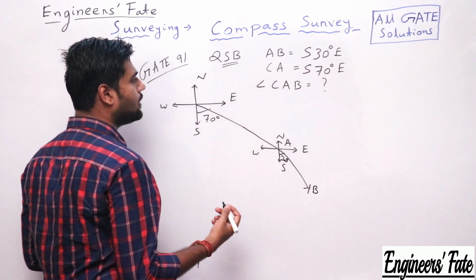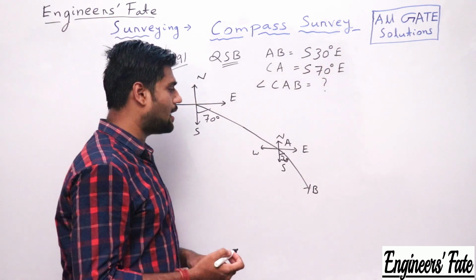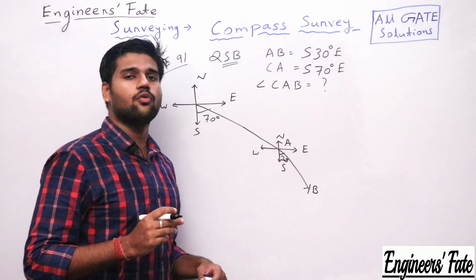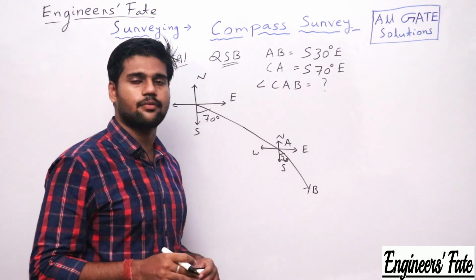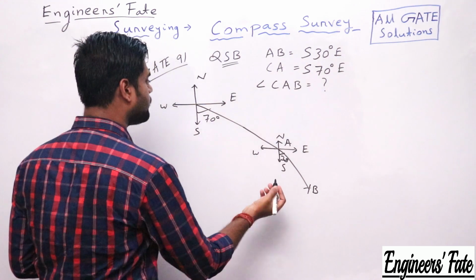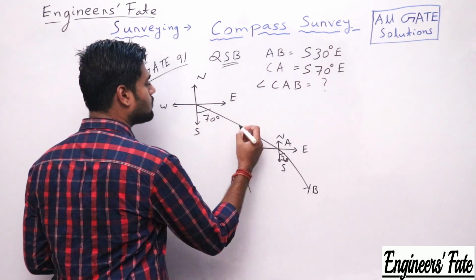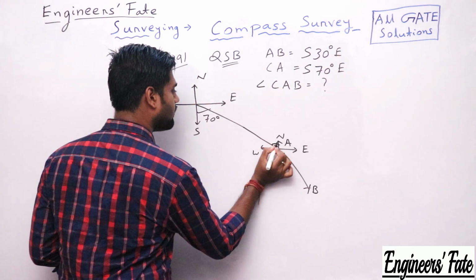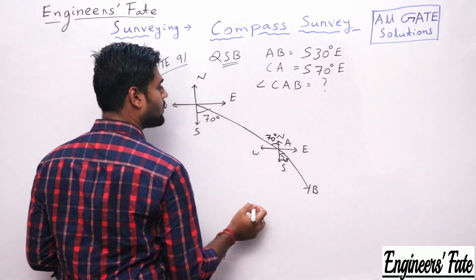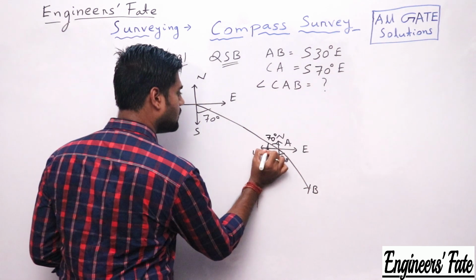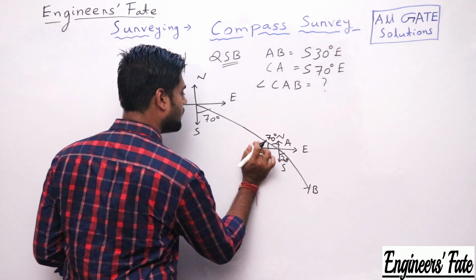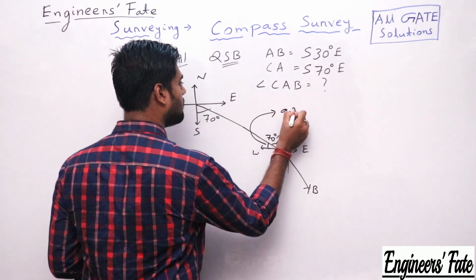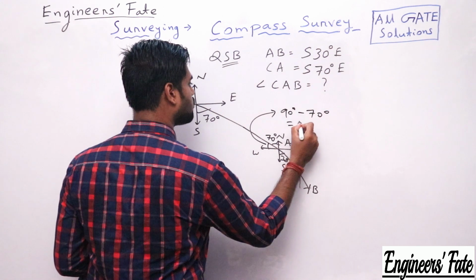So I need to find the angle CAB. Always remember, we measure the angle in the direction of the survey. So this will be 30 degree, and we want to find this angle. This is 70 degree as per mathematics, which means this is 20 degree, because the total is 90 degree: 90 degree minus 70 degree equals 20 degree.